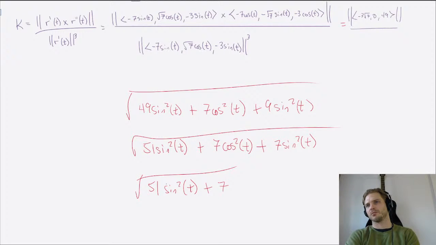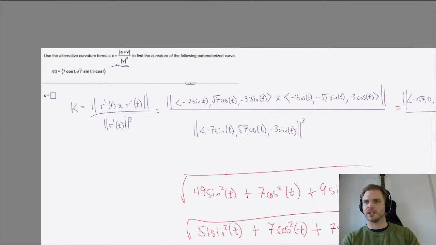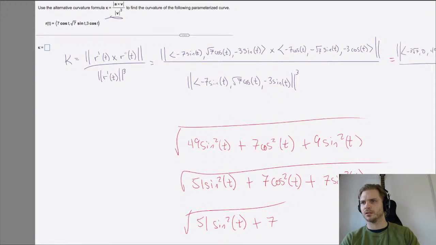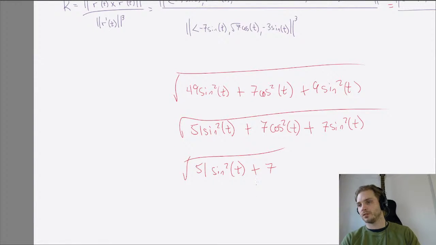Let's make sure I didn't make a mistake. I really doubt that I took the derivative wrong, but let me check that. First derivative would be negative 7 sine, yep. Root 7 cosine, yep. Negative 3 sine. Okay, good. And then square, square, square. All good.